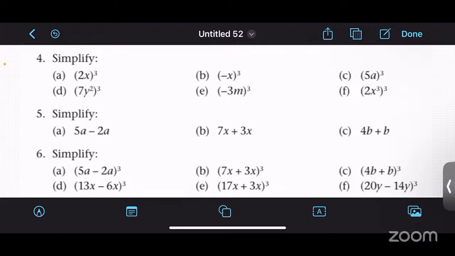And then let's look at B. You have negative x in brackets to the power of 3. How are we going to simplify that? Isn't the answer going to be negative x to the power of 3?